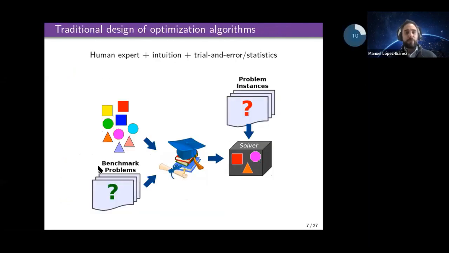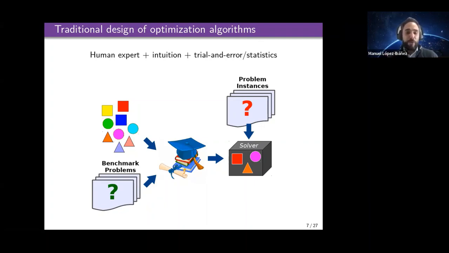When we compare this to the traditional design of MOEAs, or in general optimization algorithms, we have quite a different approach. In the traditional design, we have an expert who has some benchmark problems or data sets, and they invent, using their intuition, or take some design choices, probably several, that end up making up a solver or an algorithm.